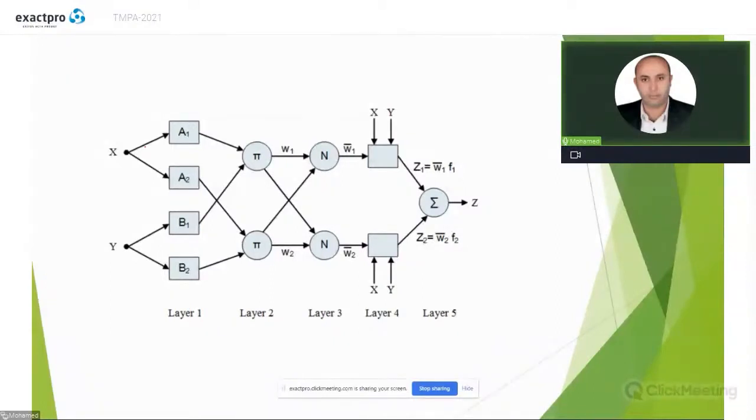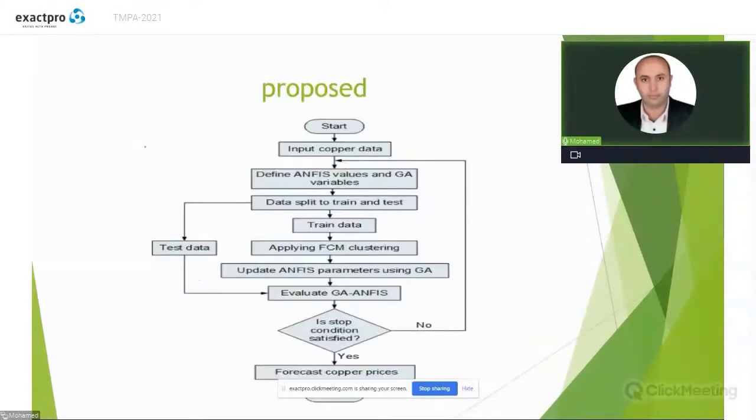In this system, there are 5 layers, and each of them has its own task. In the end, for ANFIS, we needed to determine the optimal parameters to obtain the best prediction. To find these parameters, we combined ANFIS with the genetic algorithm.